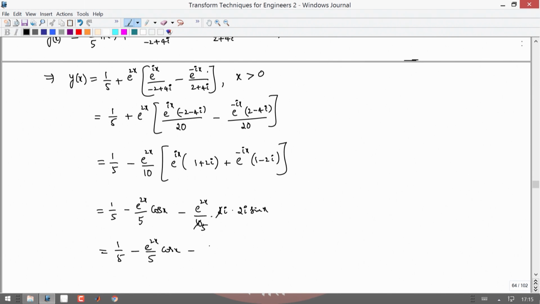So, this is going to be plus, I square is minus 1. So, that makes it plus e power 2 x sin x by 5, 2 e power 2 x divided by 5. So, this is what you have as your solution. So, your y of x is this solution.